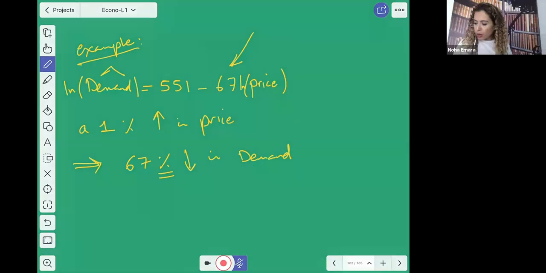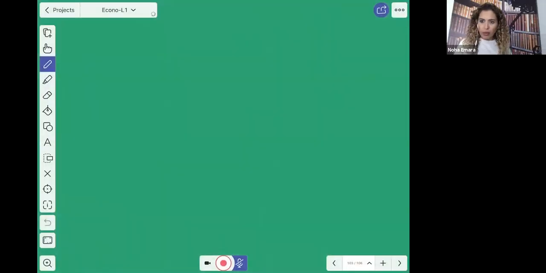Okay, having covered the three types of log models, the question is, how do these models look? In our first introduction to econometrics, we had a linear model, where this is y and this is x. This is just a linear model.